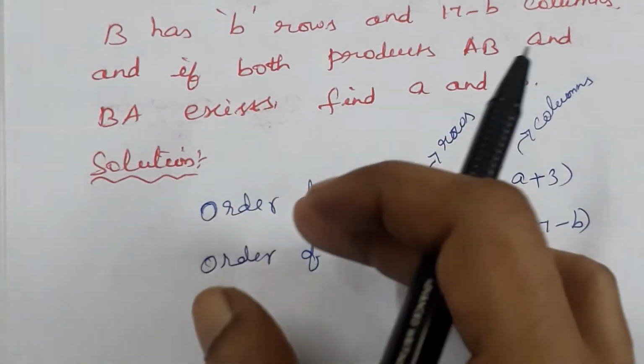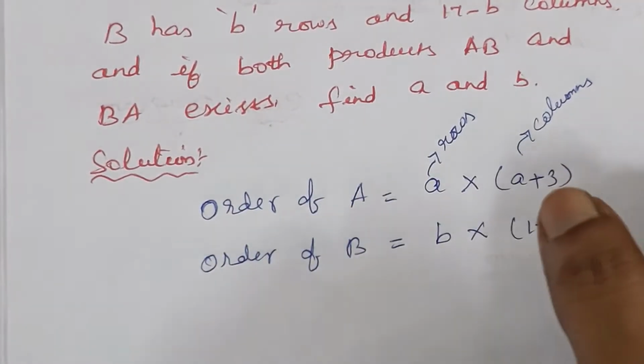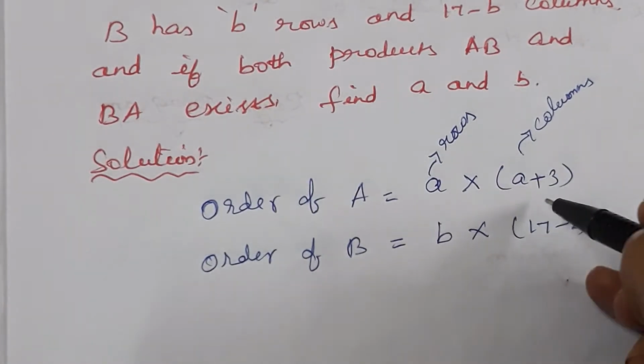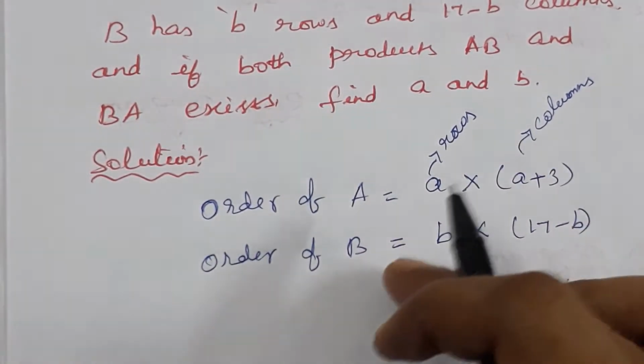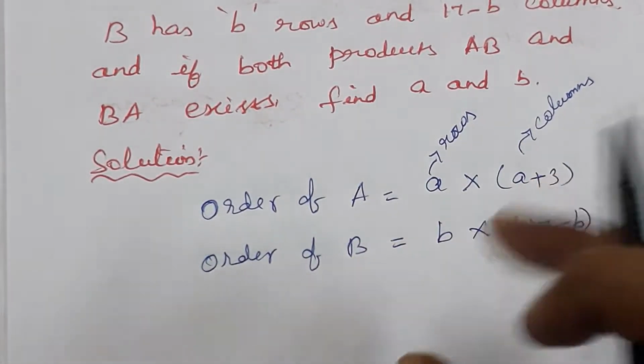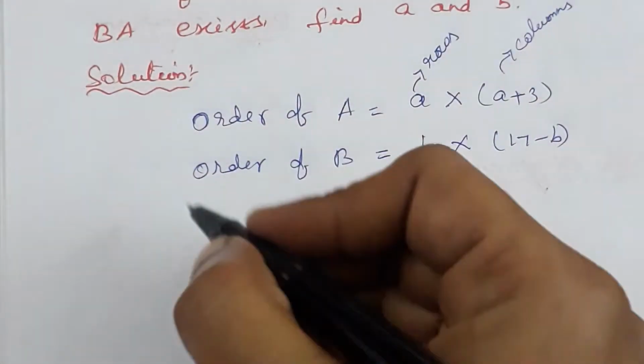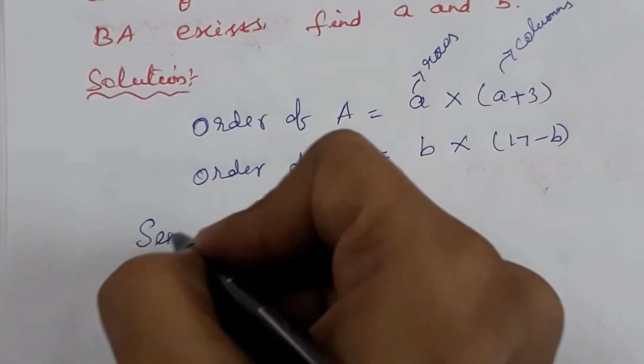When the product AB exists, if the number of columns in A is equal to the number of rows in B, then only product AB exists. Am I correct or not? So you have to write like this.